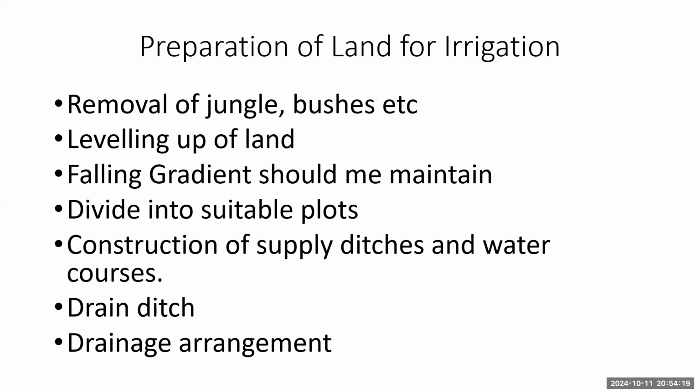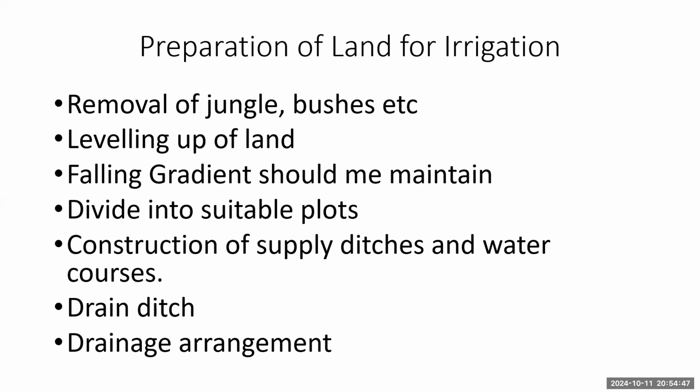The first point is the land should be made clean by removing bushes and trees which have grown on that particular land. So the first point is the removal of jungle, bushes, etc. from that particular land, which is going to be prepared as land for growing the crops.